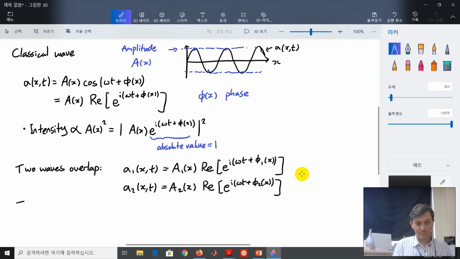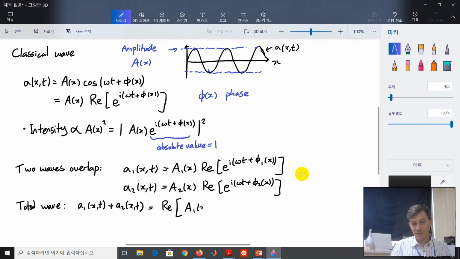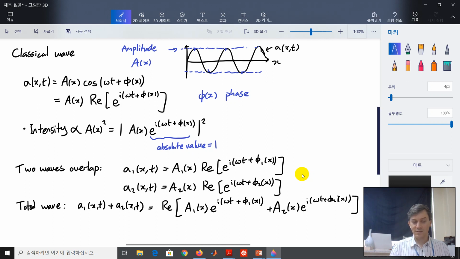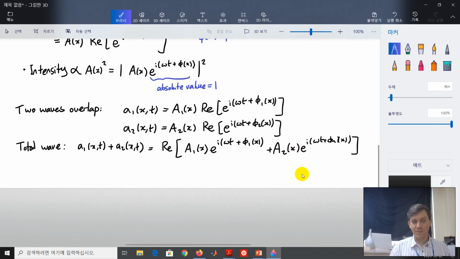Then in the final picture we add the two together to get this interference pattern. So the total wave is going to be a1(x,t) plus a2(x,t), which is the real part of a1(x) e to the i(omega t plus phi1) plus a2(x) e to the i(omega t plus phi2), and therefore the intensity of this wave is going to be its absolute value squared.